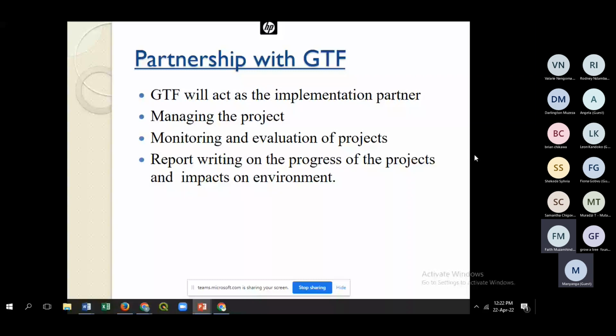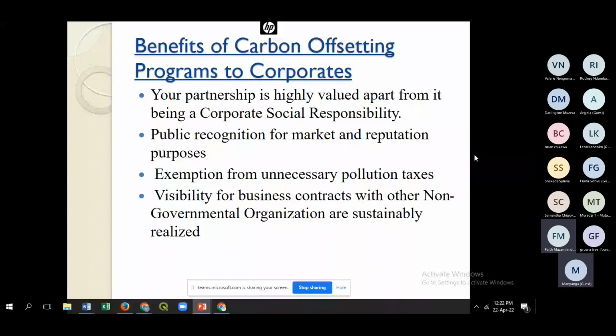So I mentioned the benefits of carbon offset for corporates. You are likely going to be valued as a corporate just by showing environmental corporate social responsibility. And then, of course, it's likely going to improve your business, other than the fact that there's need for compliance on international regulations.